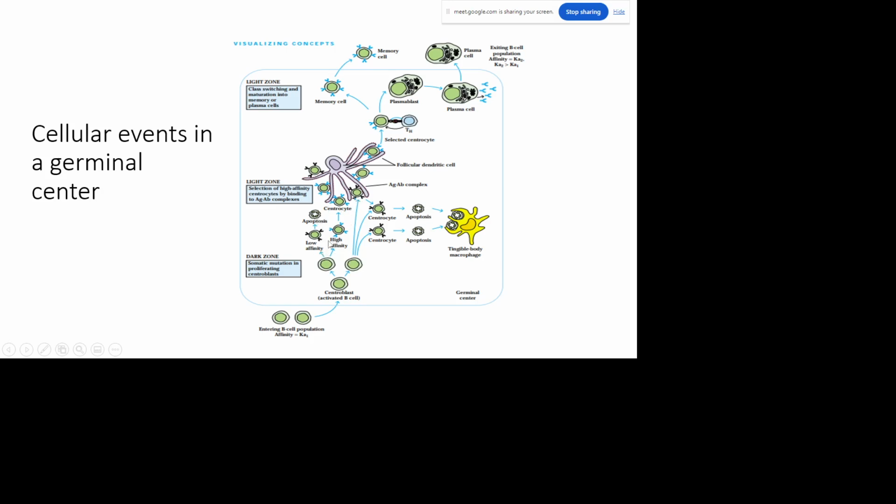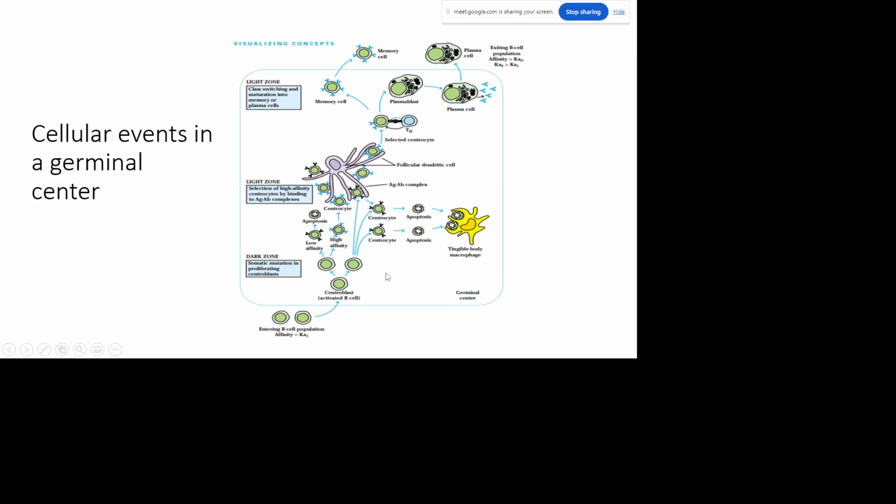The low affinity B cells, the black ones, will die by apoptosis, and the blue one, which shows high affinity, will be selected. That is the way of selecting the B cells whose membrane Ig has a variable region that can bind the antigen with very high affinity.